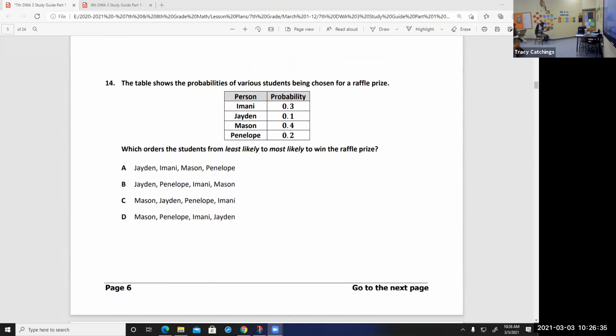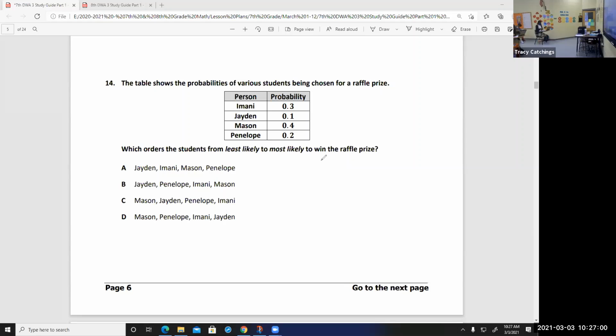All right, 14. Students being chosen for the rapid class. Which orders the students from least likely to most likely of being chosen for the rapid class?